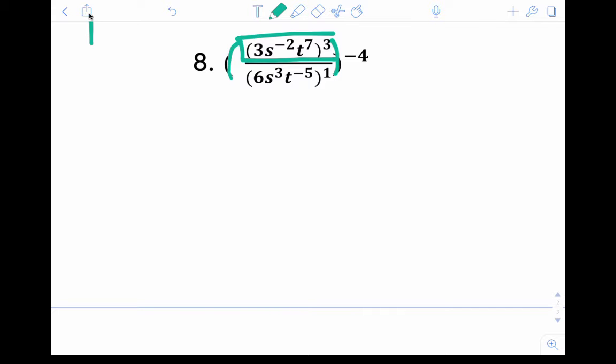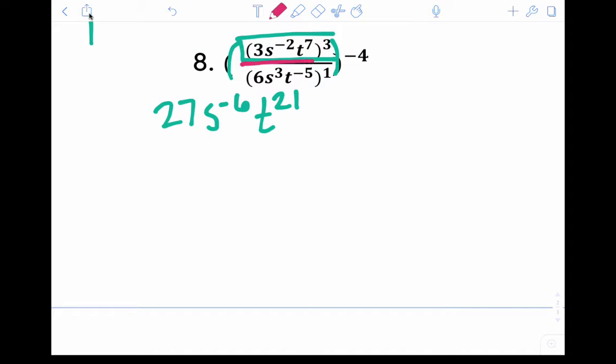So I'm going to distribute that exponent of 3 to everything inside of those parentheses. So I have 3 to the 3rd, which is 27, s to the negative 2 times 3, which is negative 6, and then t to the 7 times 3, which is 21.